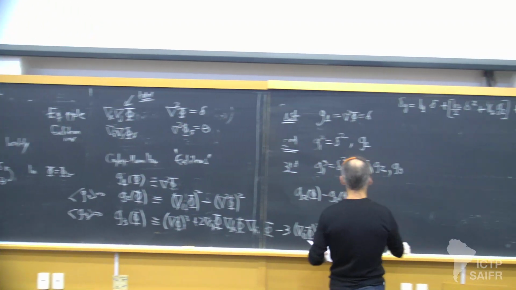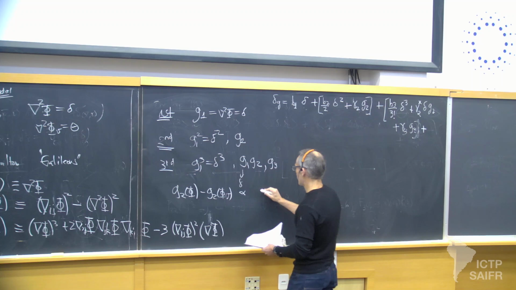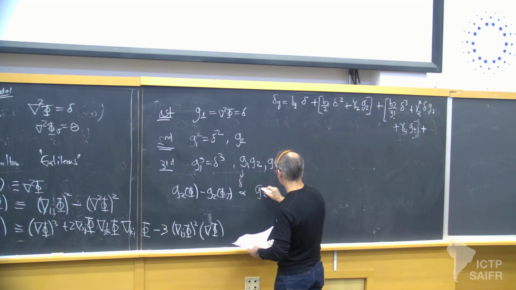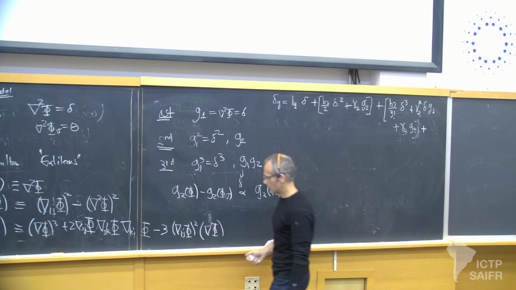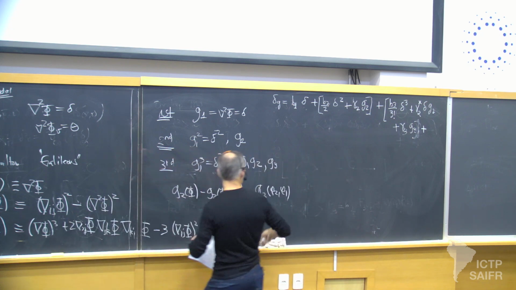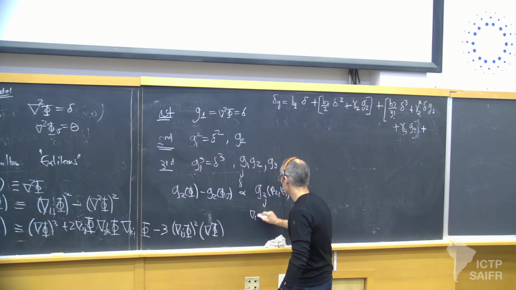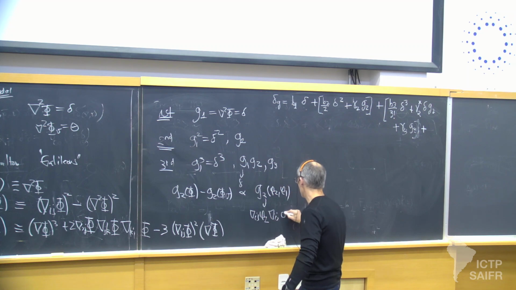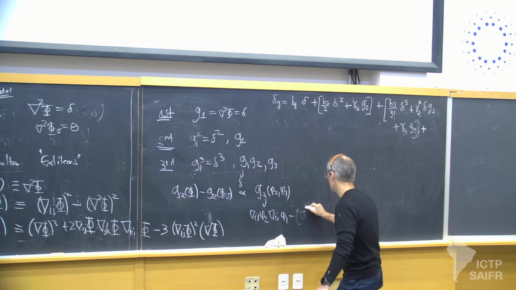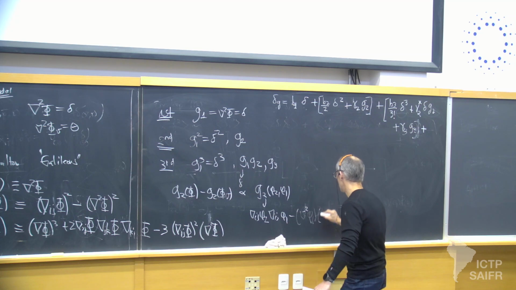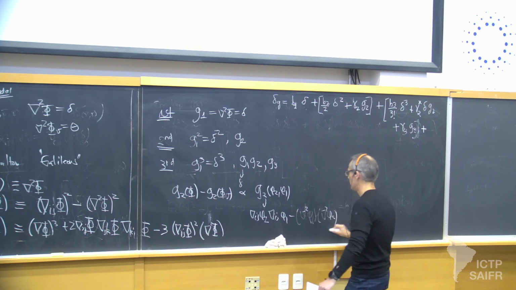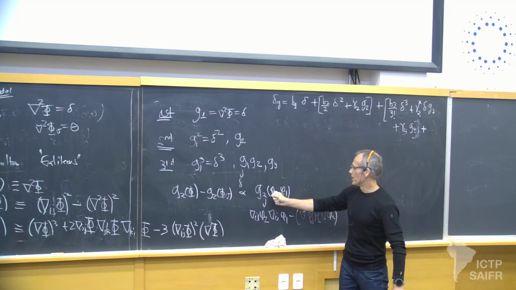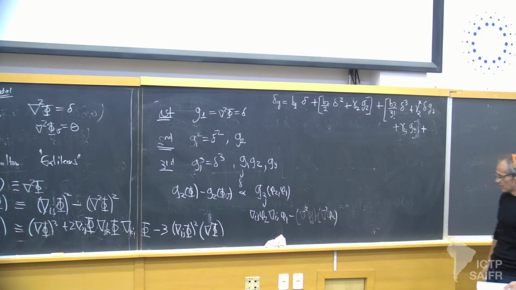And that operator you can show, you can write as a Galilean of two different scalars now. So this guy now is derivative ij of phi 2 times derivative ij of phi 1 minus the Laplacians. And this obeys some Poisson equation.